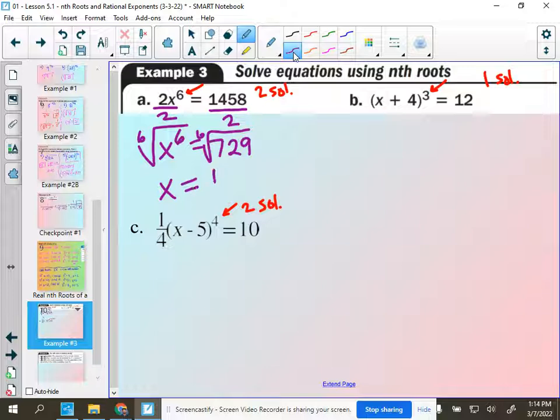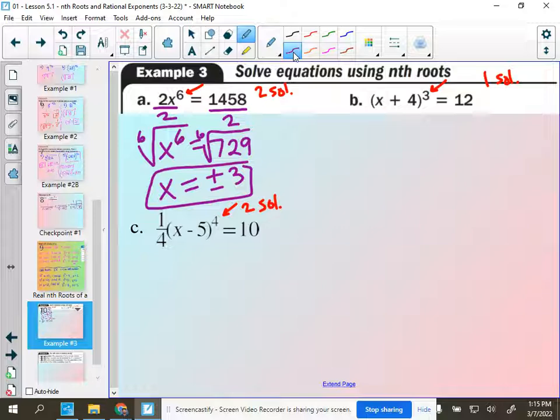X equals positive, negative. We might have to round. This one, 729 is jumping out at me as potentially a perfect 6th power, although I'm checking it right now. The 6th root of 729 comes out to exactly 3 on my calculator, but because it was an even root, I need to account for both solutions, positive, negative 3.